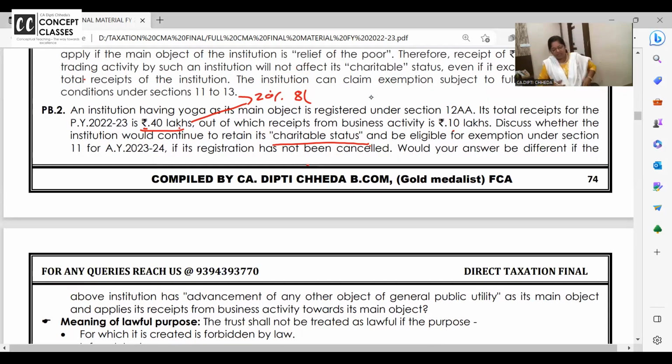The trust is registered for yoga. Gross receipts are 40 lakhs and business activities are 10 lakh. Discuss whether the institute would continue to retain the charitable status. Yes or no. Will they get the exemption?